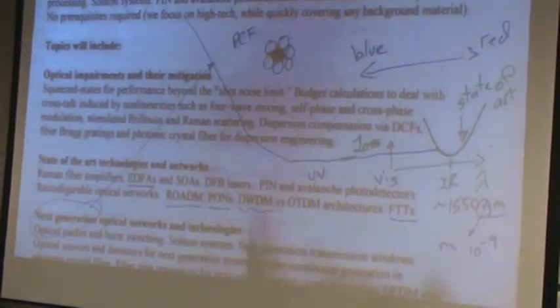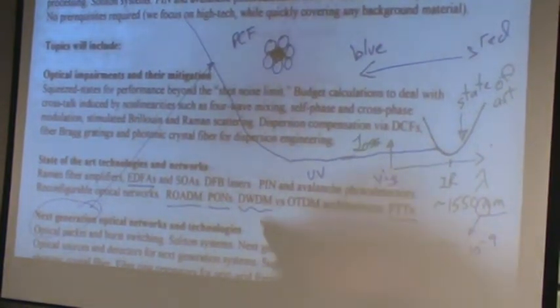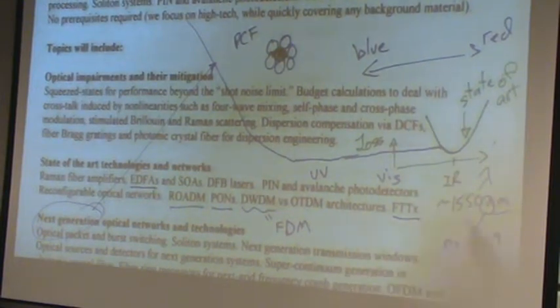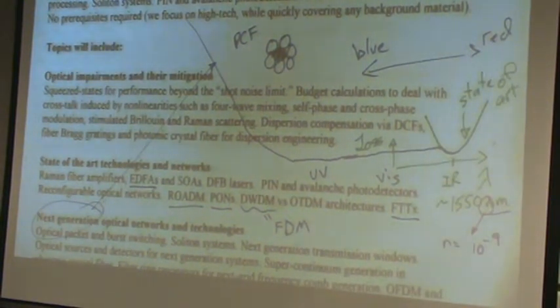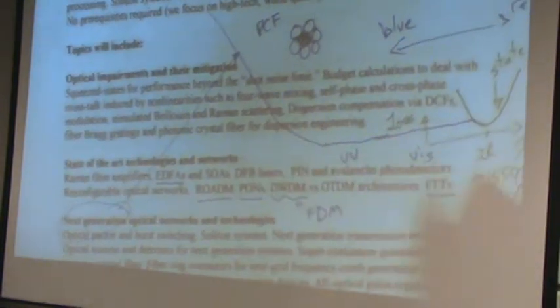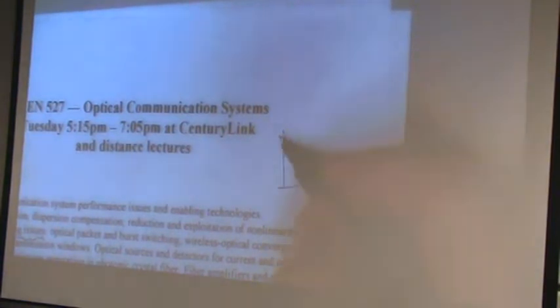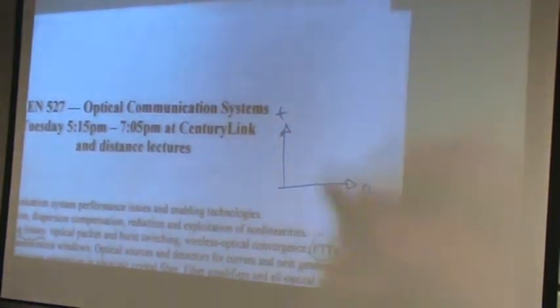Wavelength division multiplexing is also the same thing as the old-fashioned frequency division multiplexing. Multiplexing has to do with how you are going to chop up all this bandwidth. We've got a certain amount of frequency and time.